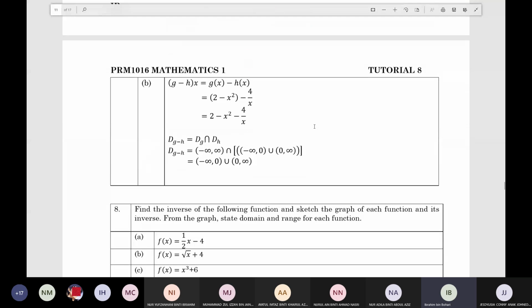Okay, question B sama. g(x) minus h(x), quadratic minus the rational function. First part of the function, domain of the quadratic function.